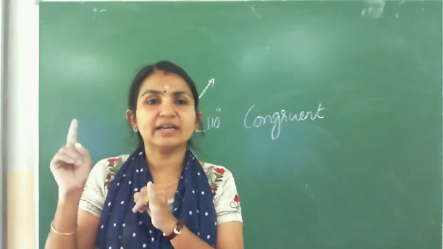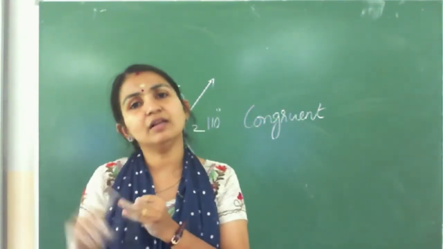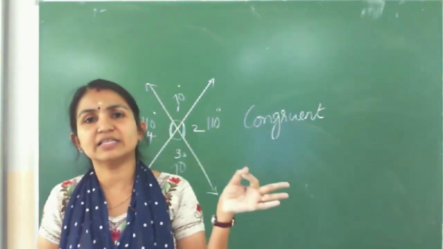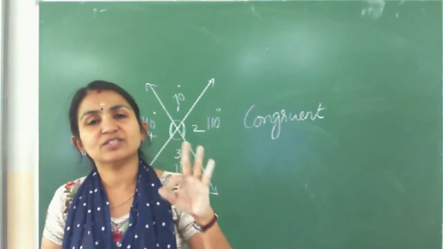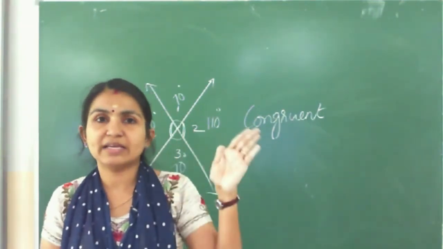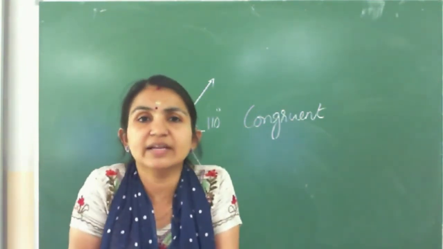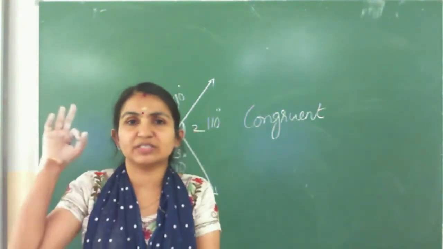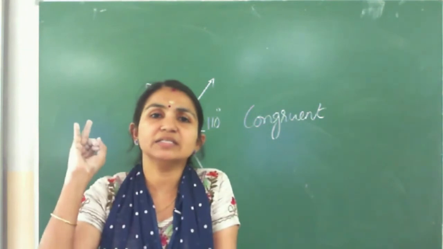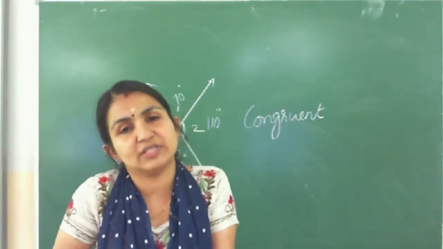So first we studied acute angle, which is less than 90 degrees, right angle equal to 90 degrees, obtuse angle more than 90 and less than 180, then straight angle equal to 180, reflex more than 180 and less than 360. After that we studied adjacent angles, which should satisfy three points: a common vertex, a common arm, and the other two arms on opposite sides.